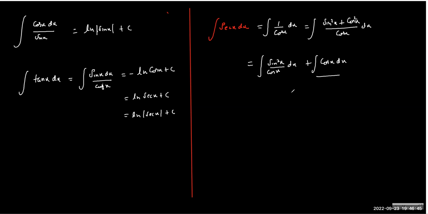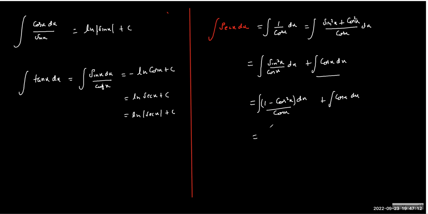Okay, there is a problem. So we can go further. Okay, can we write 1 minus cos square x dx by cos x plus cos x dx?